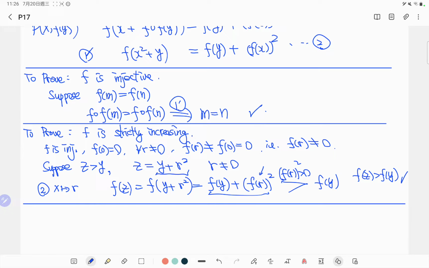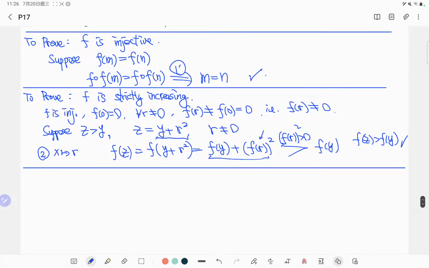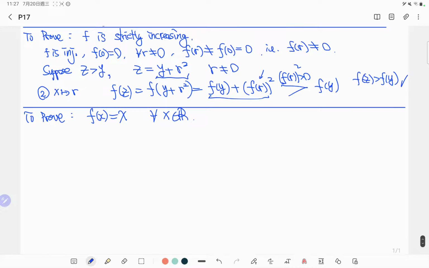Okay, so as much as we have proved these two properties, then we can try to prove f of x is x for all x in real numbers. Okay, so let's prove it by way of contradiction.